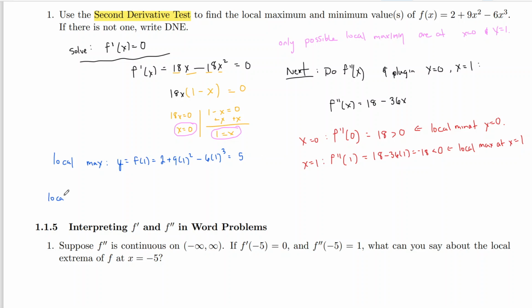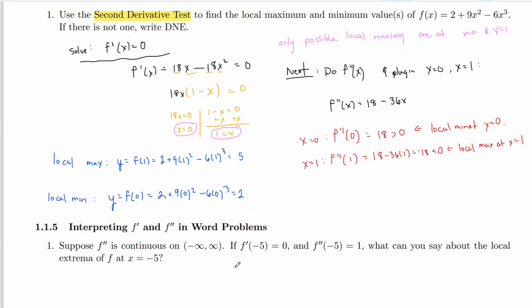And then the local min, the y value, well, the local min we had was at x equals 0, so f of 0. And we just plug in 0 to the original. And that one's probably pretty easy because these would go away and it's just the 2. But if you want to completely plug in 0, nothing wrong with that. Plugging in the 0 for these two spots will give us 0, and it's 2 for our y value, which matches up from the graph that we got.